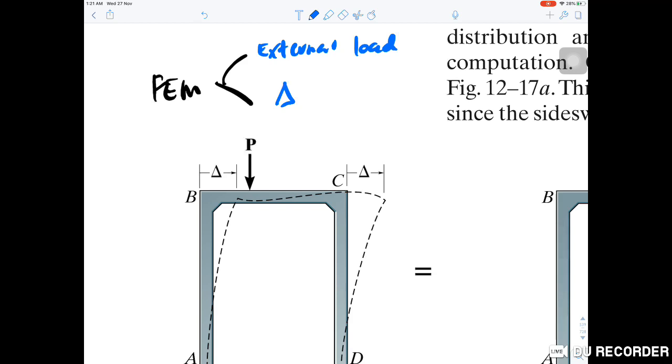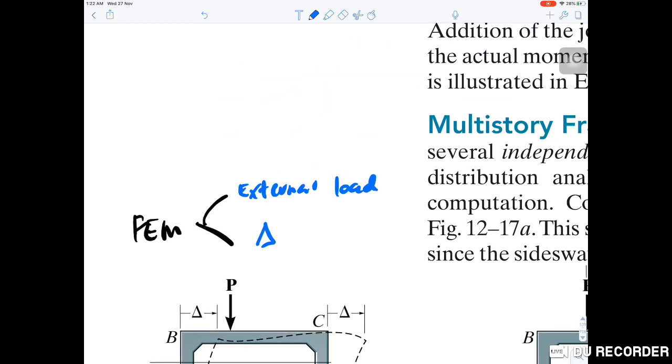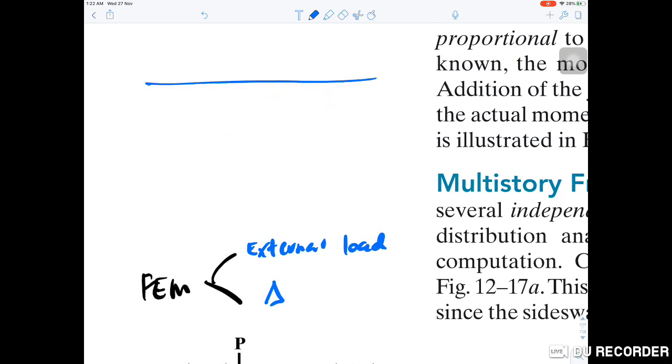Moment can also occur due to delta. Delta in a frame is commonly discussed as sidesway. It is not like a beam, where delta for a beam comes from support settlement, and support settlement is given in the question.